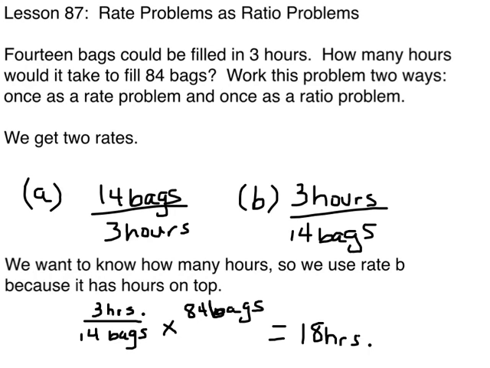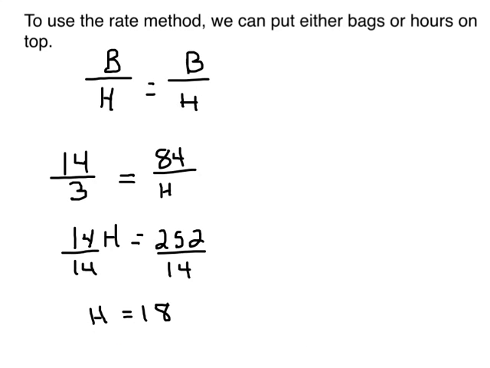So we're going to use rate B because it has the hours on top, and then we can cross cancel out bags, and then we would simply multiply 3 times 84 divided by 14, or we could cross cancel with the 14 and 84 and then multiply by 3. Either way, we're going to see that it would take 18 hours. Okay, so that is doing it as a rate problem. I'm sorry, that was a ratio problem.